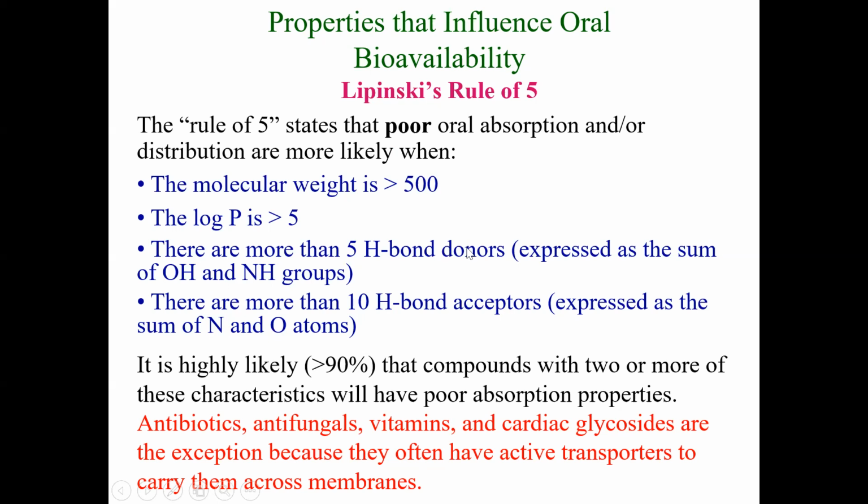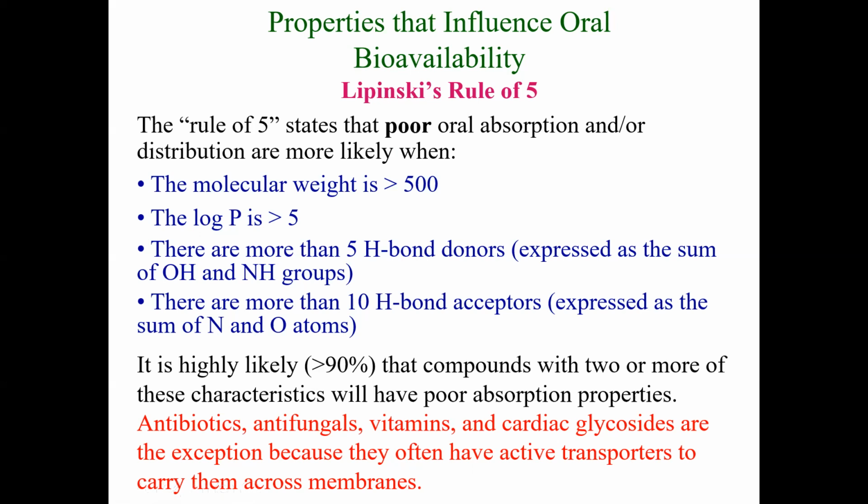Hydrogen bond donors is only the sum of OH and NH groups within your structure. If you just look at the name, H bond donor, it needs to donate a hydrogen. And obviously with OH and NH, there's a hydrogen here that can donate that hydrogen. N and O groups can accept a hydrogen.